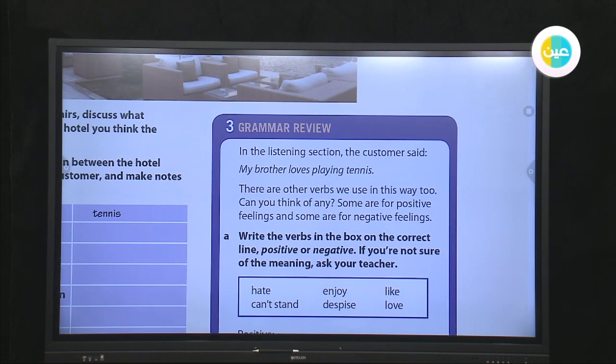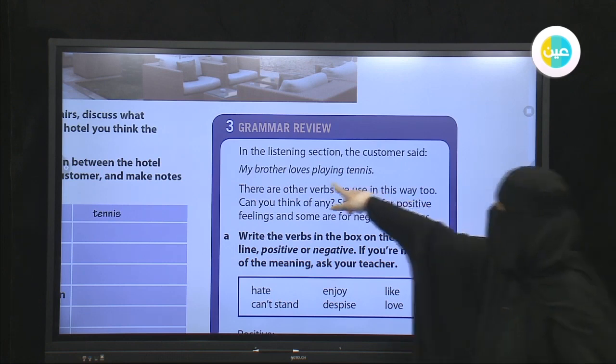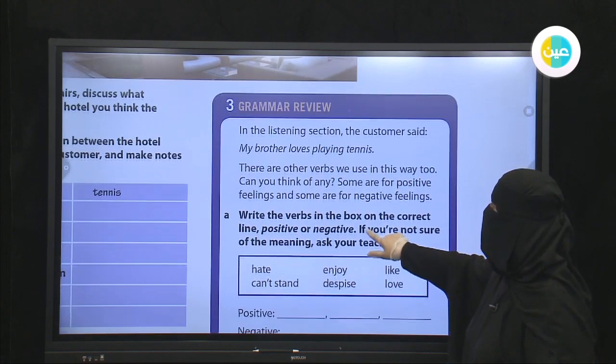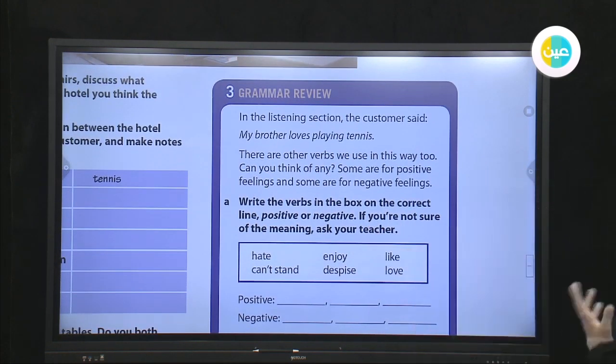Some are positive feelings and some are for negative feelings. Okay, do you know any other verbs like loves? Can you remember for positive and for negative? We use love, like, enjoy, and for the negative we use what?